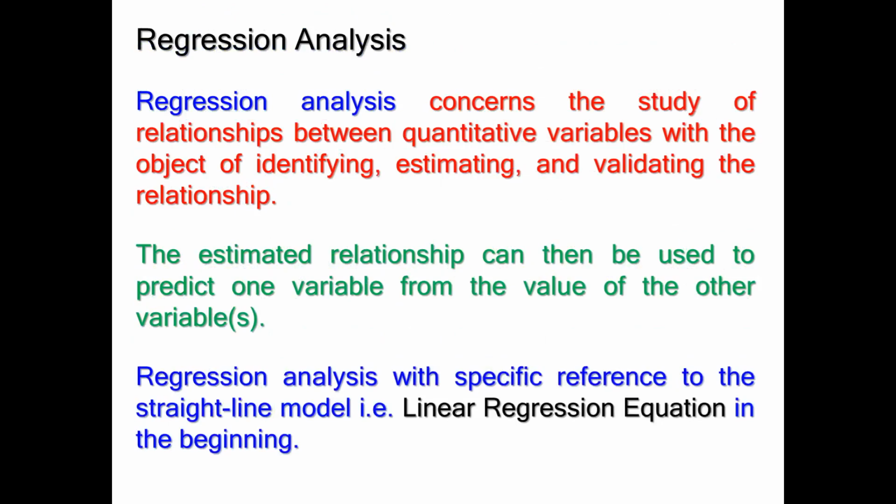In this chapter, we will learn regression analysis with specific reference to a straight line model, that is, the linear regression equation in the beginning, and then we'll be learning about the other models.